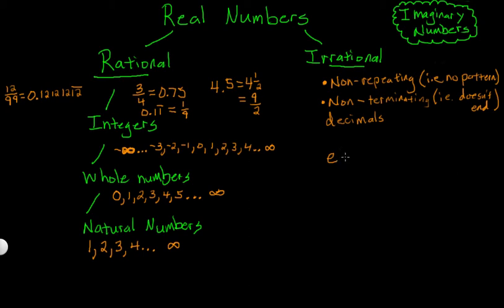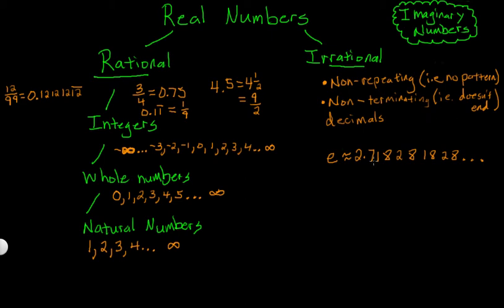If you have a scientific calculator, you can probably find this key, and we can approximate it as 2.718281828, and so forth. This is a non-repeating decimal in that it has no pattern.